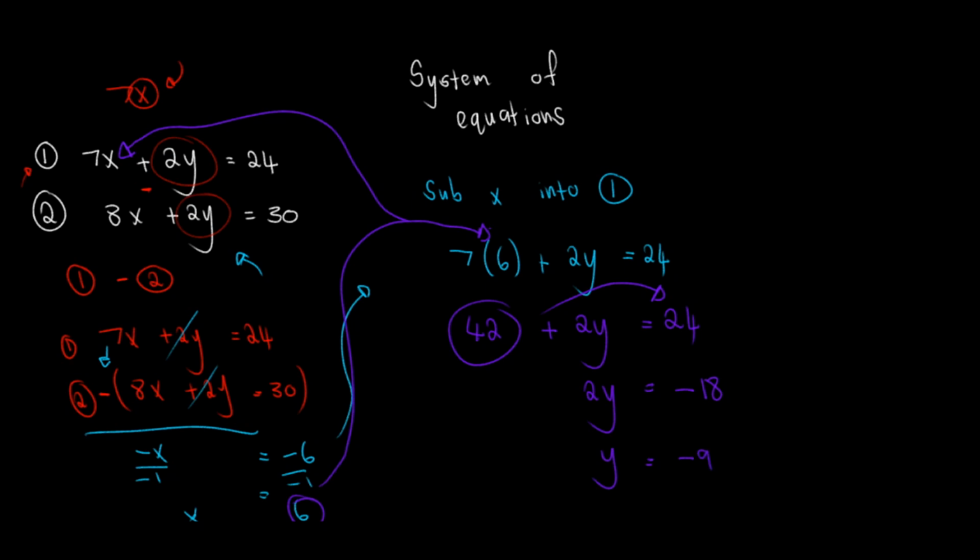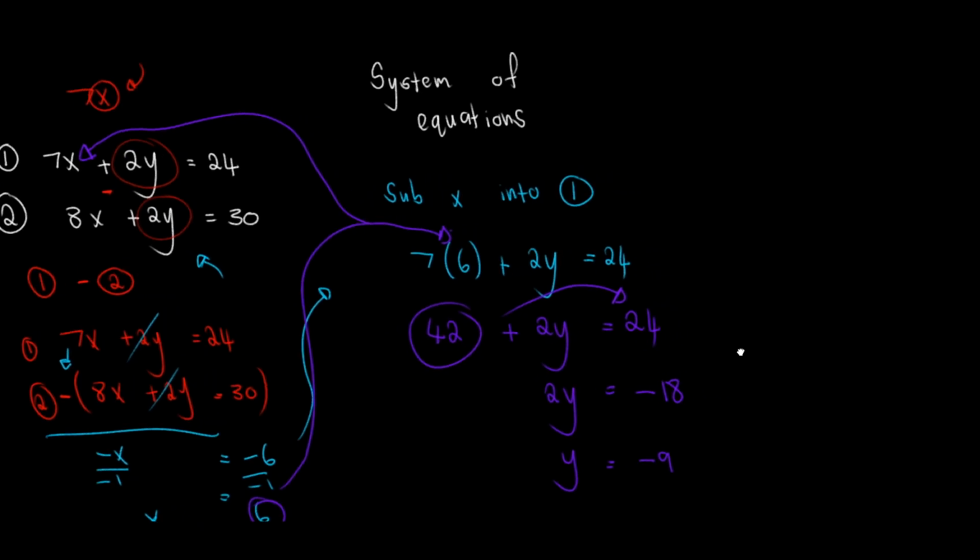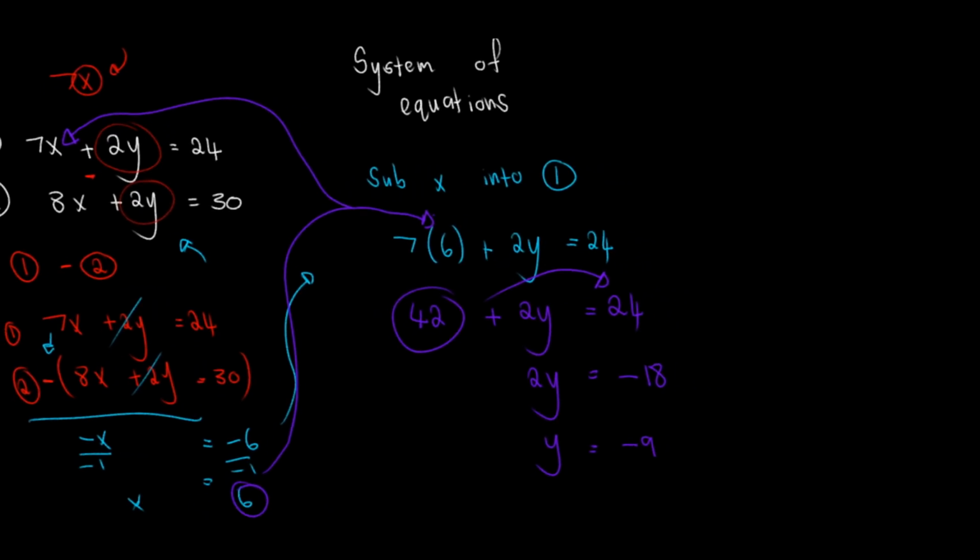Let's test this. Let's see if this is true. To test this, I can simply input my variables into my equation. So I calculated 42, so let's write that as 42, plus 2 multiply my y is negative 9, and that should give me 24.